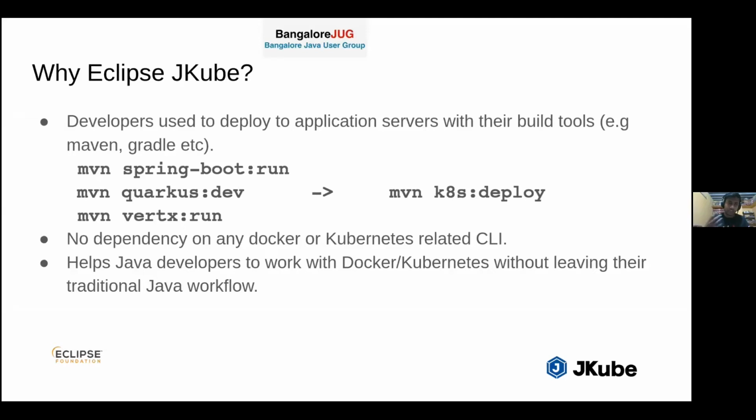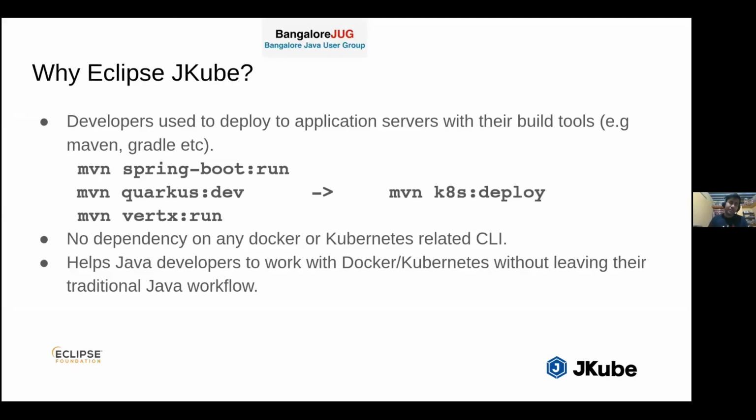So JKube makes Kubernetes look like an application server. Deployment to Kubernetes would be as simple as running mvn k8s:deploy, provided that you bind the executions of all the goals. This is also pretty nice, as it makes deployment to Kubernetes look like deploying to any kind of application server.